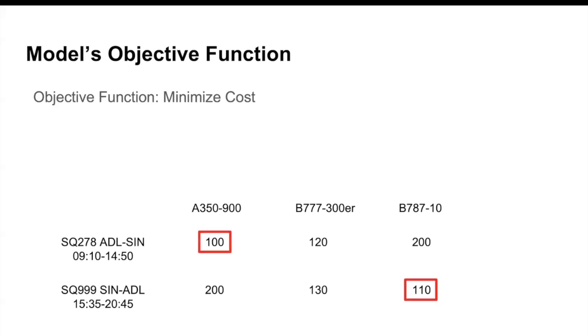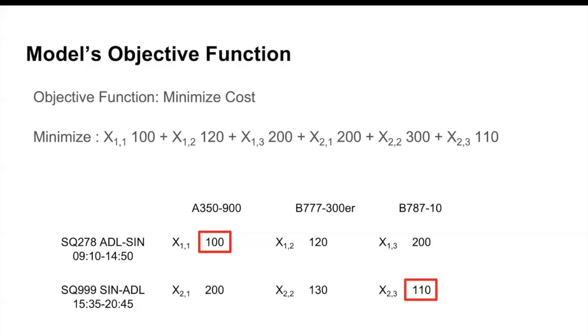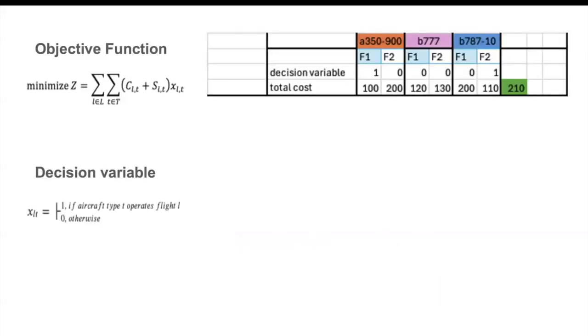100 and 110. Our decision variable here is X_LT, where each subscript represents the flight and the fleet type. The variable equals 1 if aircraft type T operates flight L and 0 otherwise. So this is our objective function, or you can write it like this.